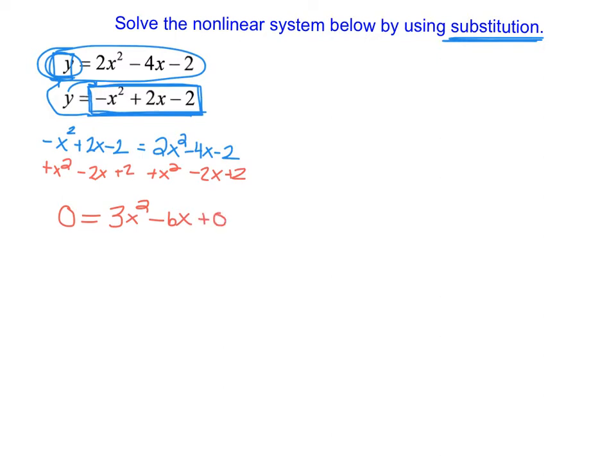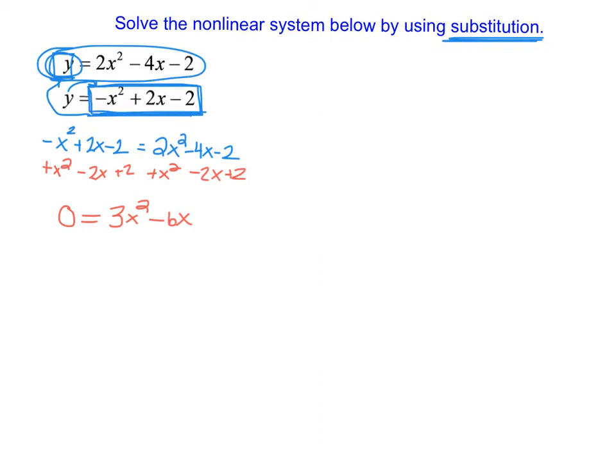Now if I take a look at this quadratic, I start to brainstorm which strategies can be helpful here. Because of this plus 0 on the end, it doesn't really need to be here. I notice that this is a great situation for the greatest common factor factoring strategy. You could also use other strategies like completing the square or the quadratic formula, but because I can see that greatest common factor is going to work so well here, that's the strategy I'm going to pick.